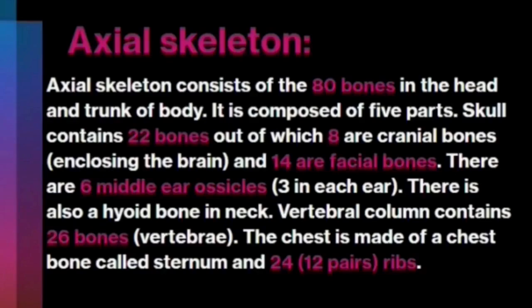There is also a hyoid bone in the neck, by which our neck is able to move right, left, forward or backward. The vertebral column contains 26 bones that are often known as vertebrae. The chest is made of a chest bone called the sternum and 12 pairs of ribs.